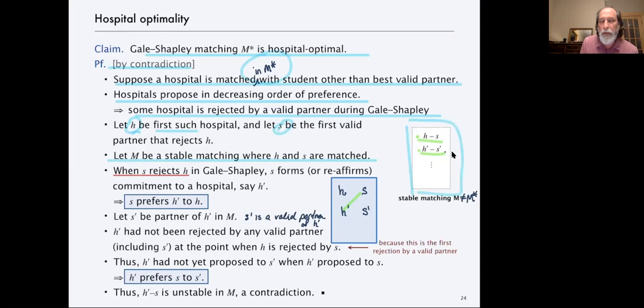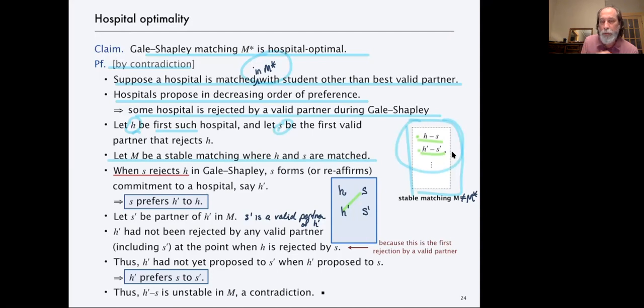Now think about the moment when S rejects H. The algorithm is running and is going to end up producing this matching, but it hasn't got there yet. Right after the rejection, why did S reject H?